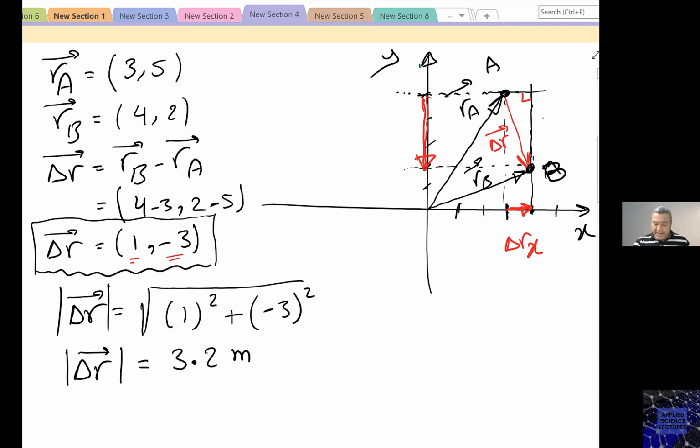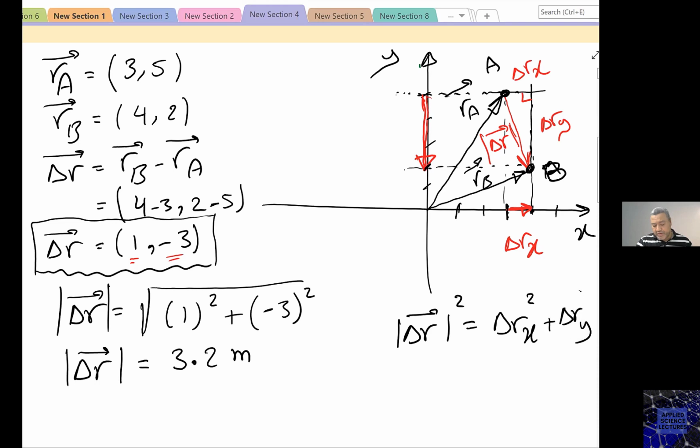Isn't this delta R Y and this delta R X? It is. So the magnitude squared equals delta R X squared plus delta R Y squared.